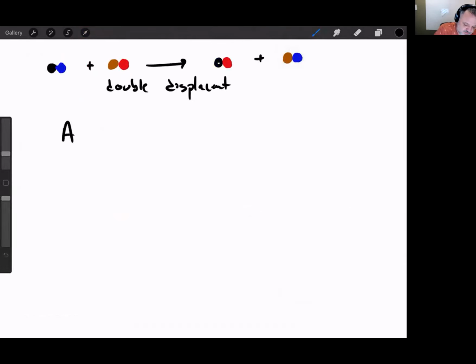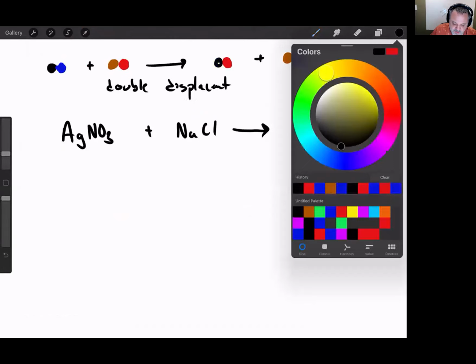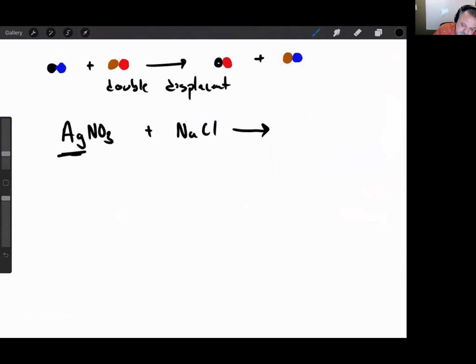Let's have silver nitrate plus sodium chloride. How am I going to do that? So let's take a look. Let me color code it. There's black. There's blue.